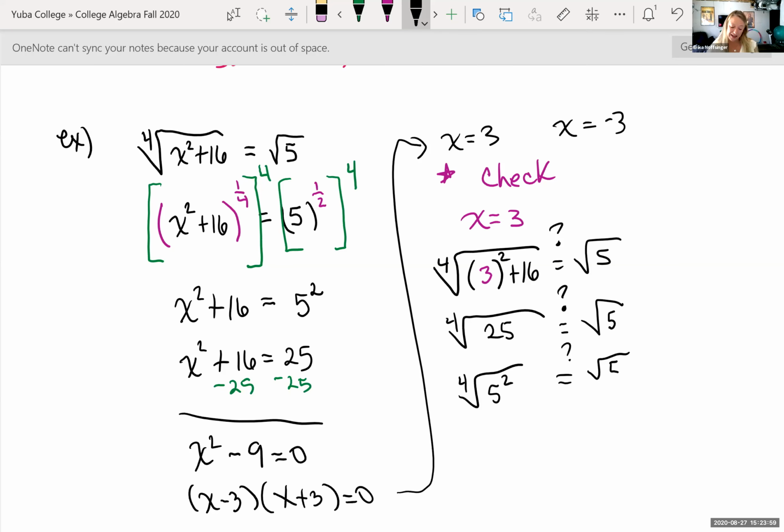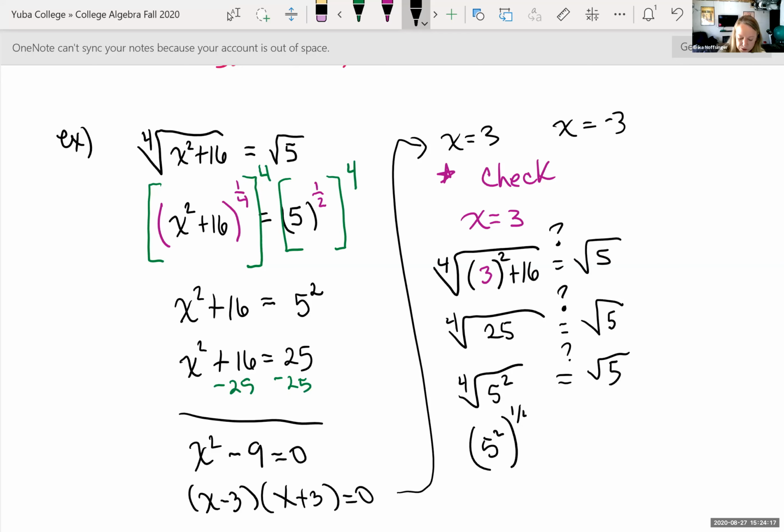If I go back in and rewrite it at first in exponential form and reduce that fraction, and then write it back as a radical, I can see I would get √5. So this is the same thing as 5 squared raised to the 1/4 power.